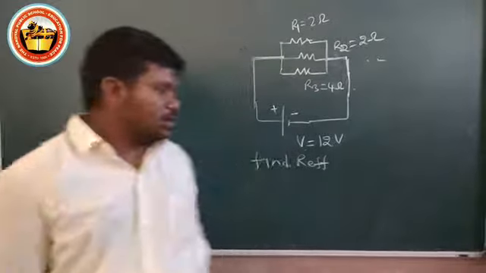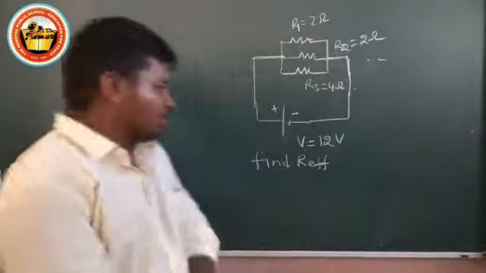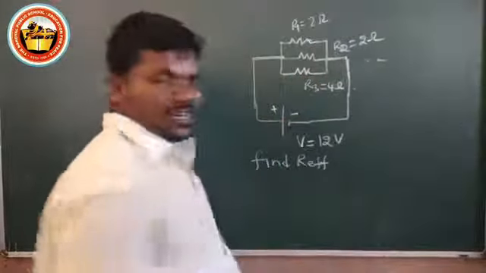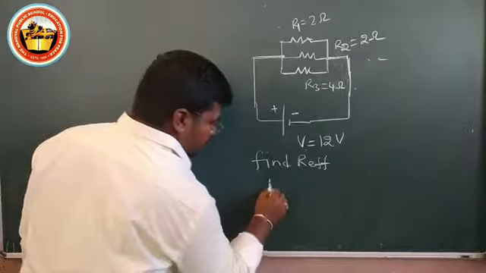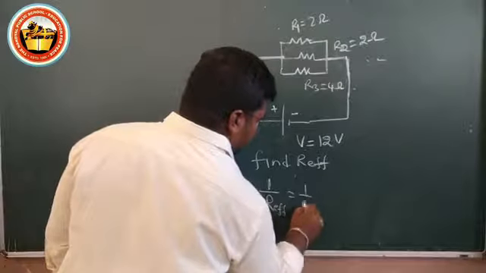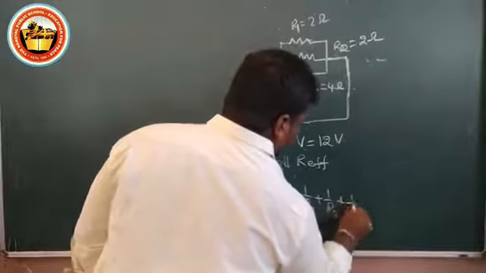So what is the required formula? These resistors are connected in parallel combination, so the formula is 1 by R effective equals 1 by R1 plus 1 by R2 plus 1 by R3.